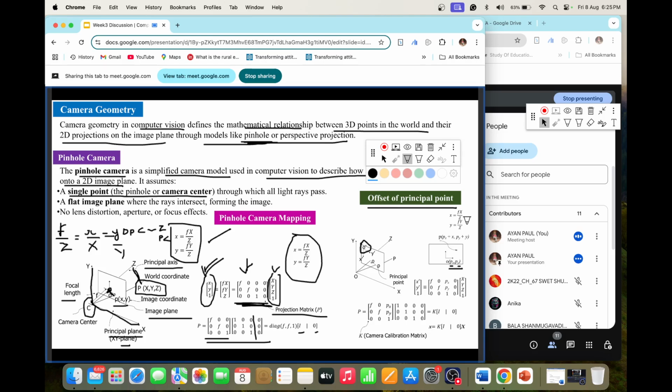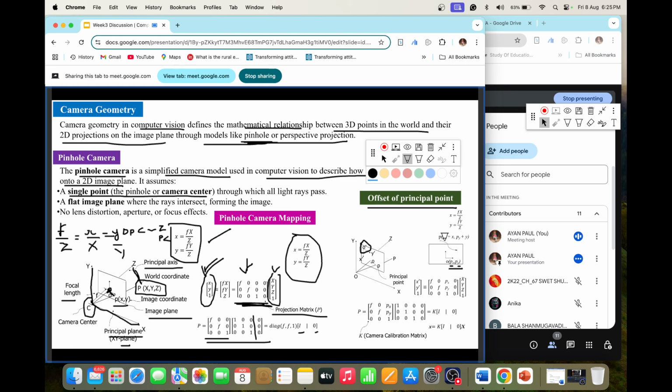Now what will be our projection matrix? Our previous projection matrix is this, but now we have introduced the new terms px, py, that is we are offsetting the principal point. Earlier this was our projection matrix: f 0 0 0, 0 f 0 0, 0 0 1 0.